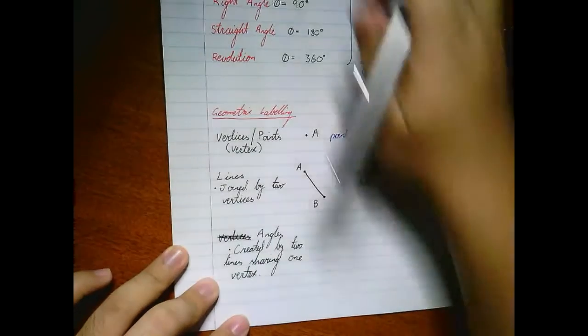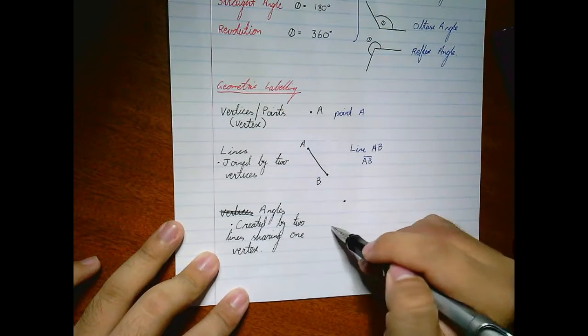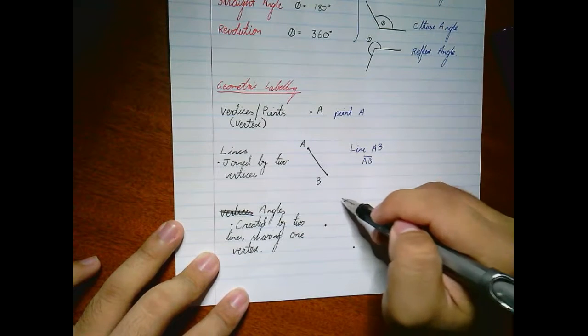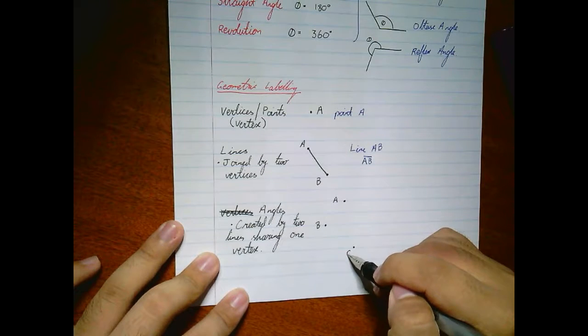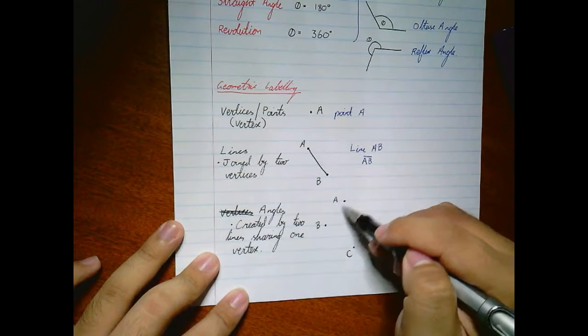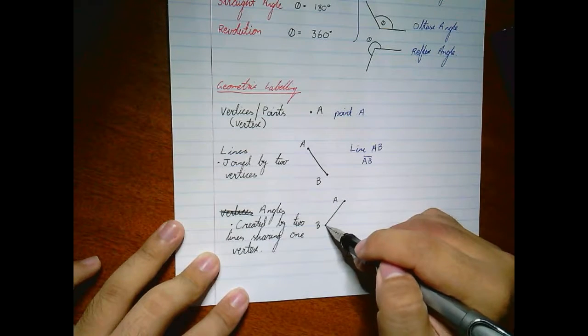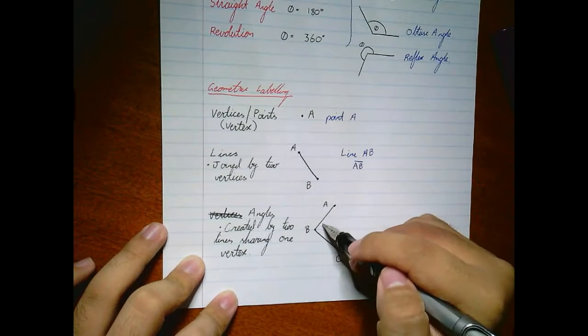By that I mean, here we have 3 points. That's point A, that's point B, that's point C. If I make line AB and line BC, we now have an angle here.